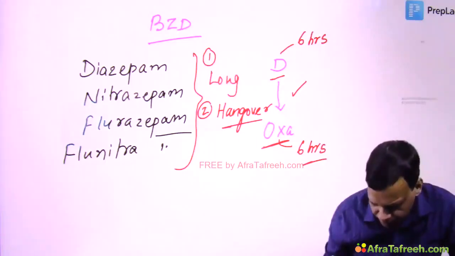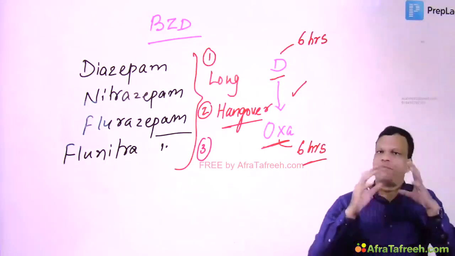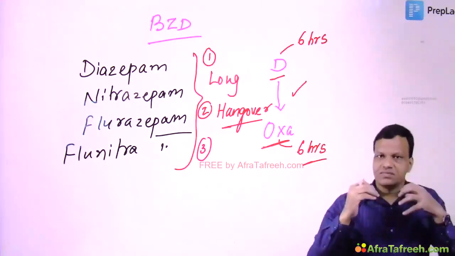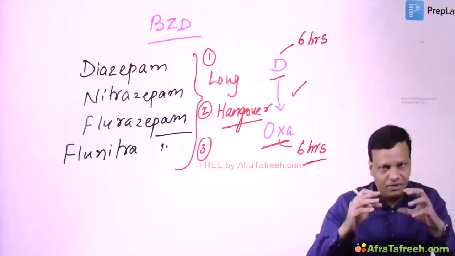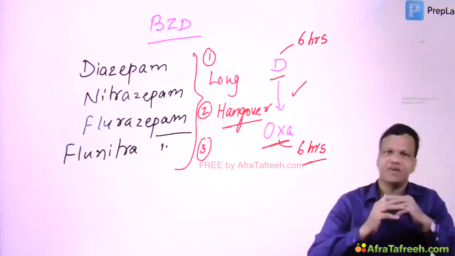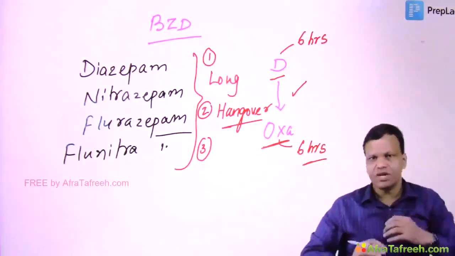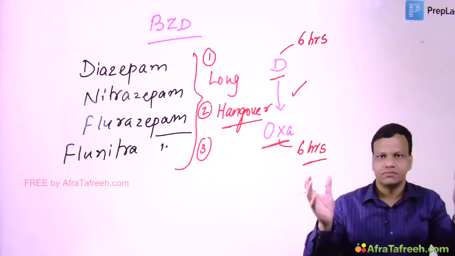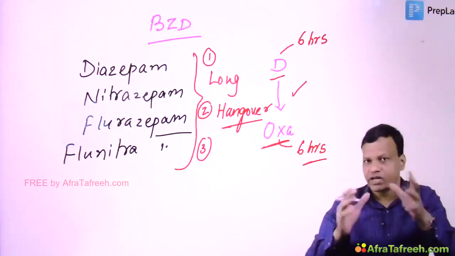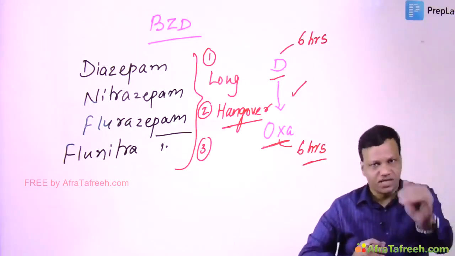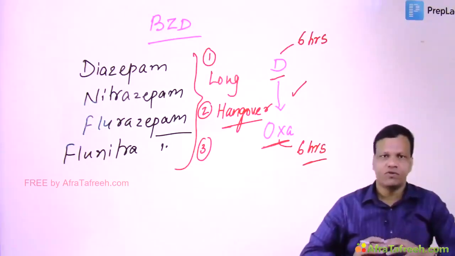Third important thing, benzodiazepines are CNS depressants, and people, particularly the elderly, are very sensitive to CNS depressant drugs. And if a drug depresses the brain for a very long period, then we will not like to use it, because the person is sensitive and the drug is depressing the brain for a long period.